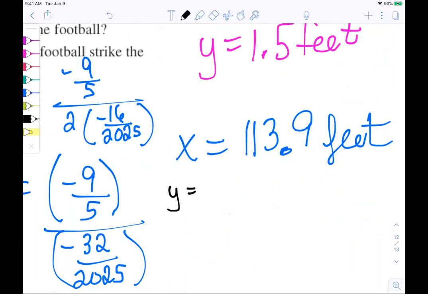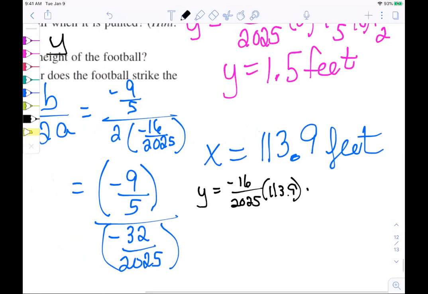So we have negative 16 over 2025 times 113.9 squared, and then 9/5 times 113.9, and then 3/2. Again, plug all that in your calculator. The answer you have after you plug that in should be the maximum height of the football.